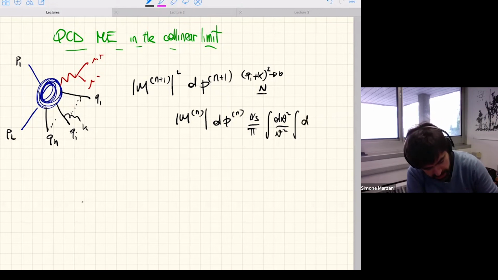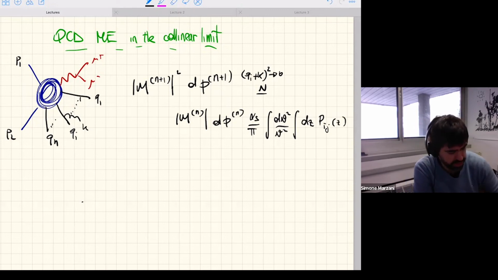where z P_ij. And ij, because it could be the emission of a gluon from a gluon, from a quark, and so on and so forth. What are the z and this angle? If I have my Qi splitting, then the angle is the opening angle between the two, and in the collinear limit I can assign the momentum fraction to each of the splitters.